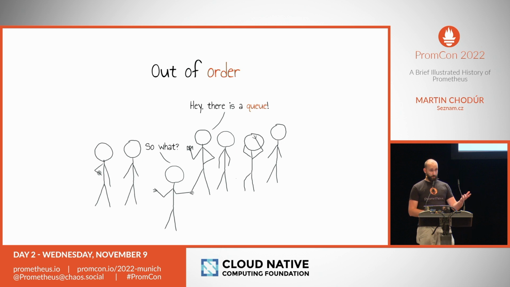We also heard a talk about out-of-order ingestion. I talked about vertical compaction and backfilling. It's like you can add a whole block back in the past, but it's in the storage, and this is like a real-time ingestion. This is meant more for the remote write protocol.